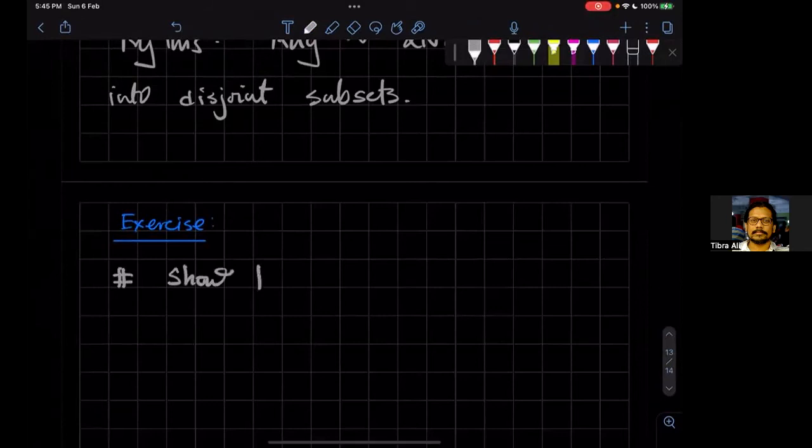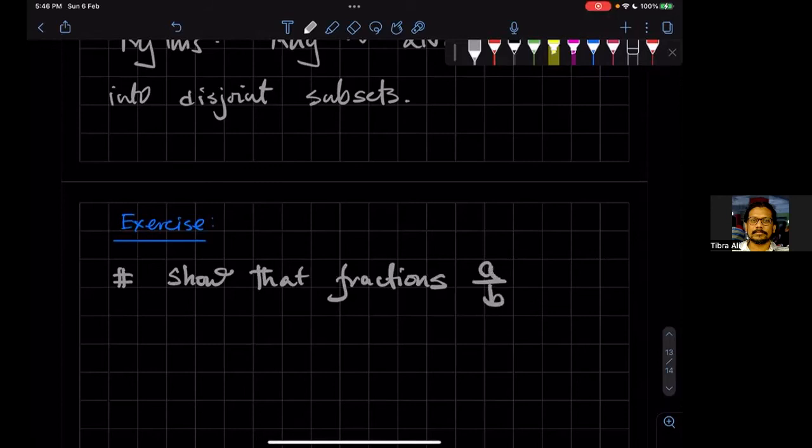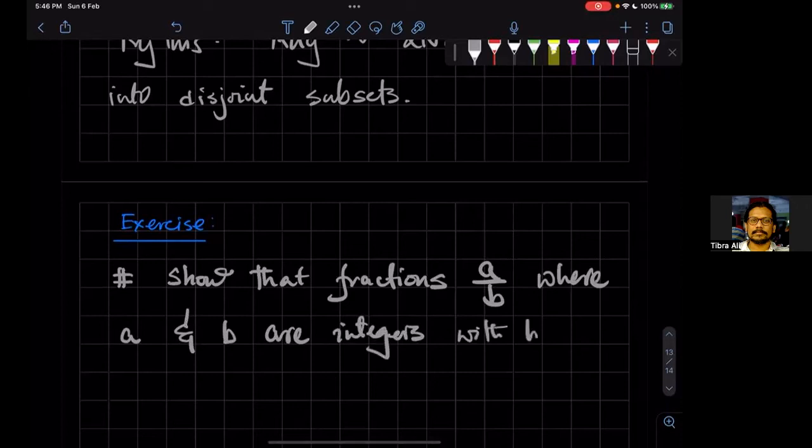Show that fractions A over B, where A and B are integers with B being non-zero, form equivalence classes.